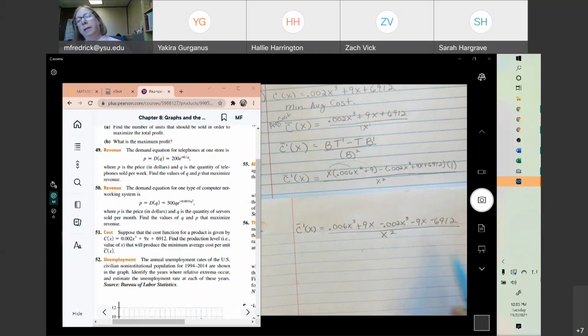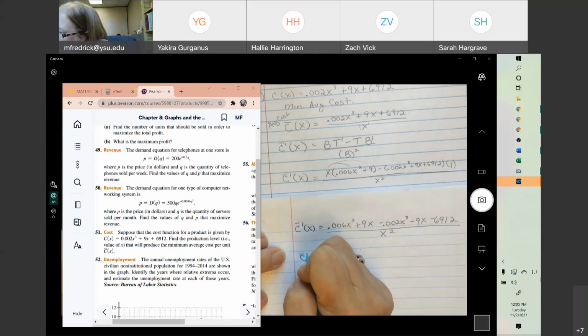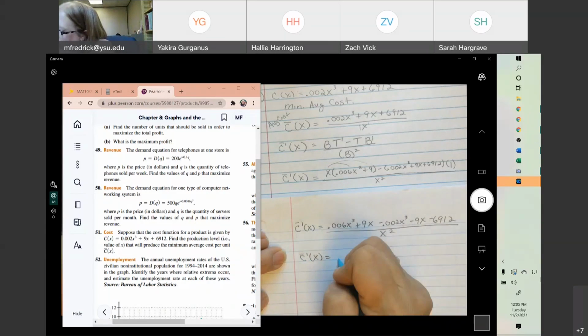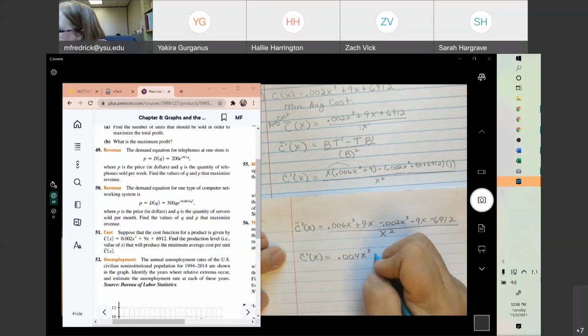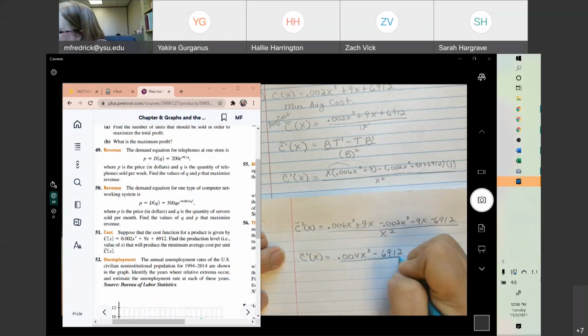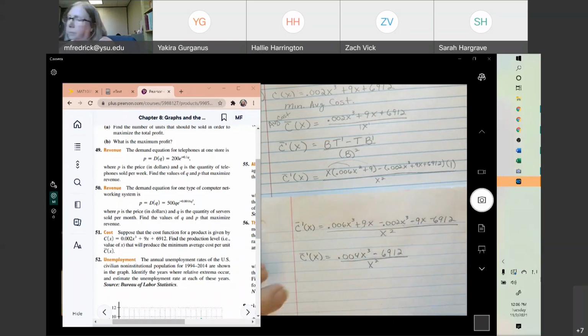I do have 9 x's that will cancel, and the cubes can be combined. 0.004x cubed, the 9 x's cancel, minus 6912 over x squared.